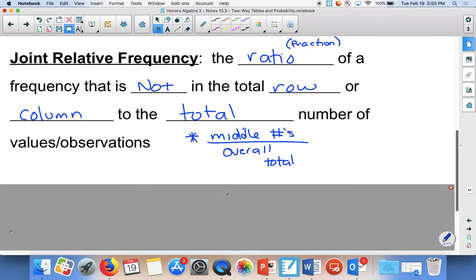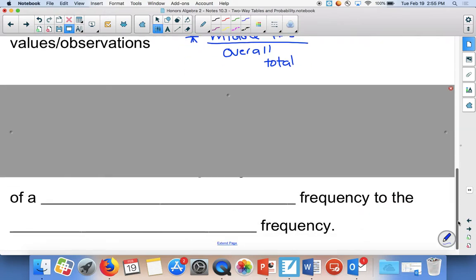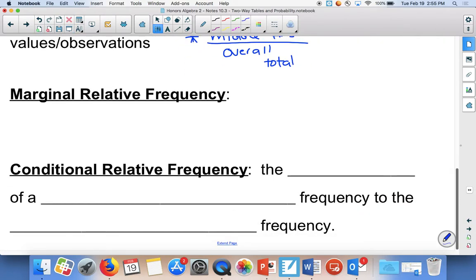The joint relative frequency is taking the middle numbers, where your joint frequencies are, and dividing it by the overall total. So marginal relative frequency is going to be very similar. You're still doing the ratio of the sum.